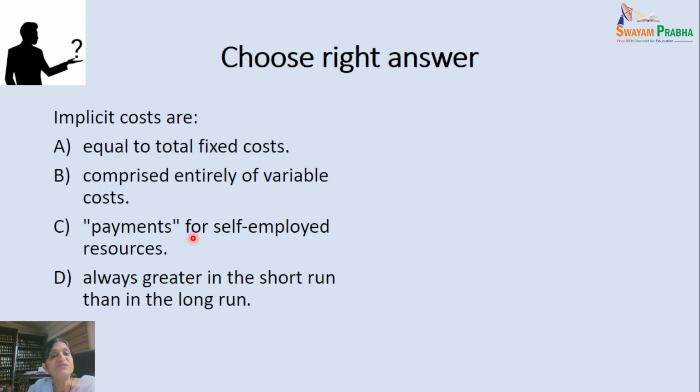Are they payments for the self-employed resources, or are they greater in the short run than in the long run? What will be the answer? The answer will be C. These are the payments which are made for use of self-employed resources.